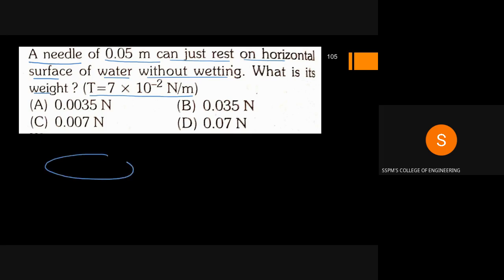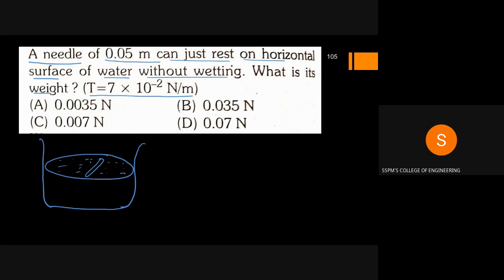let us take, this is the free surface of the liquid. This is the container, and this is the needle. Okay, so the needle is floating on the surface of the liquid.